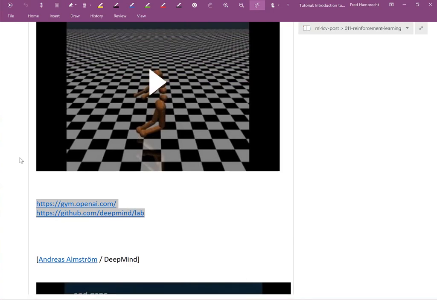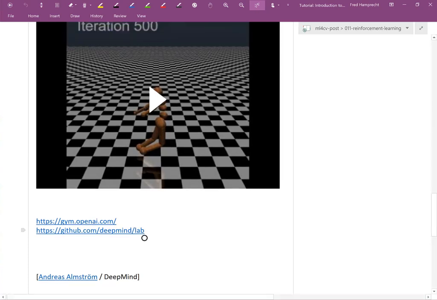And in these gyms or arenas, you can then drop in your own reinforcement learning algorithm or your modification to an existing reinforcement learning algorithm without having to worry about the infrastructure so much. So these are good benchmarks and have made work in this field a lot easier.